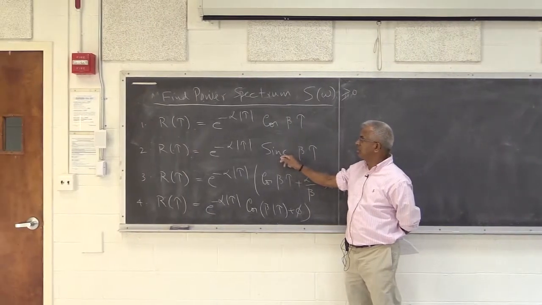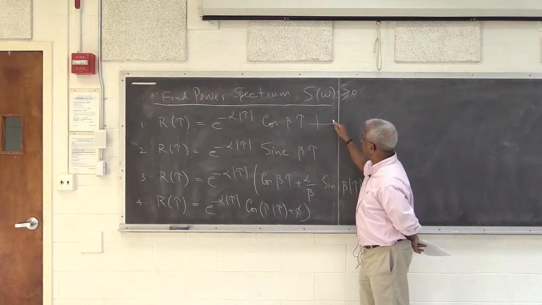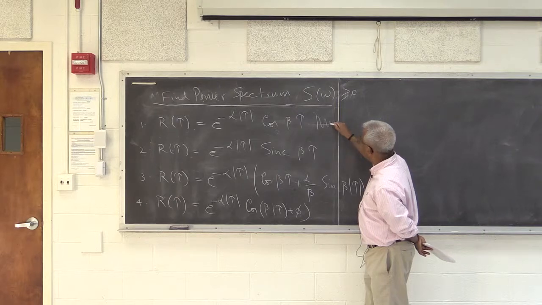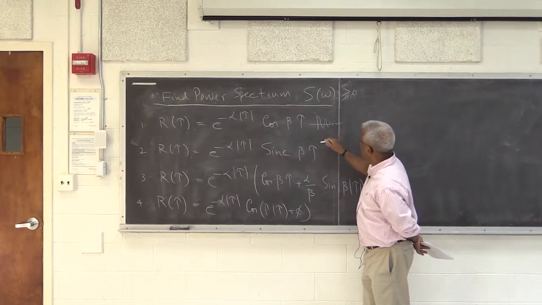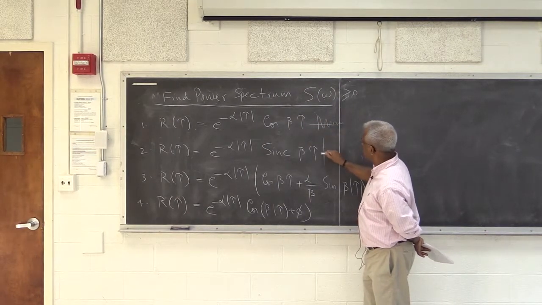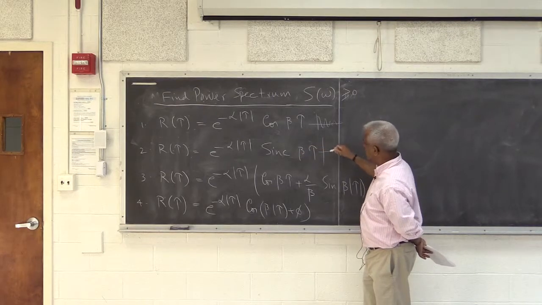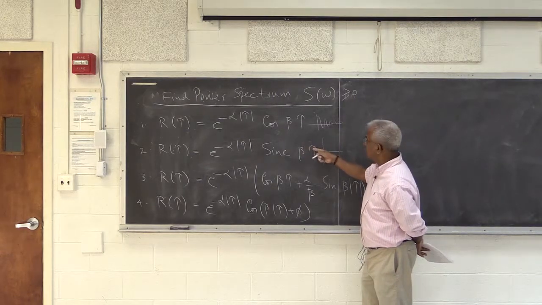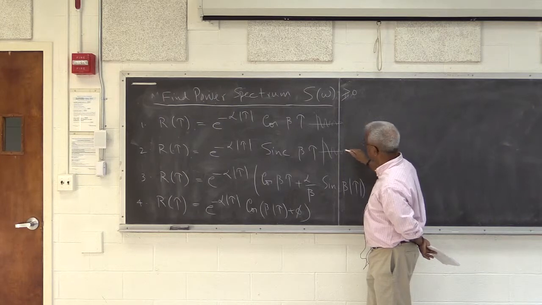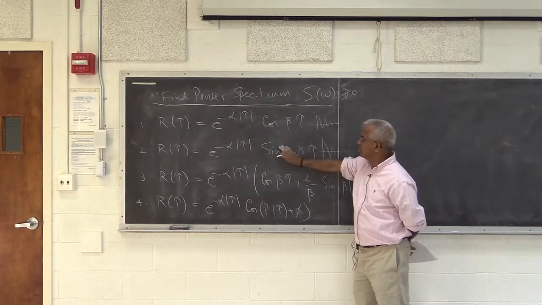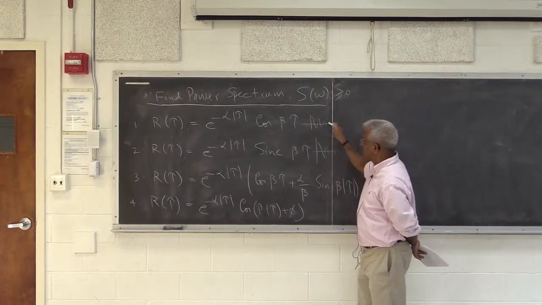Notice that there's a Sinc here. If you draw the picture, it's a damped sinusoid, this one. This also looks like that, because Sinc also is damped, and the Sinc at the origin is 1. So this also looks similar, but they are completely different functions. This is not sine, this is cosine, oscillatory.